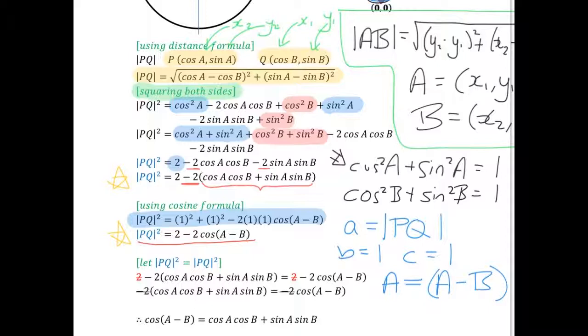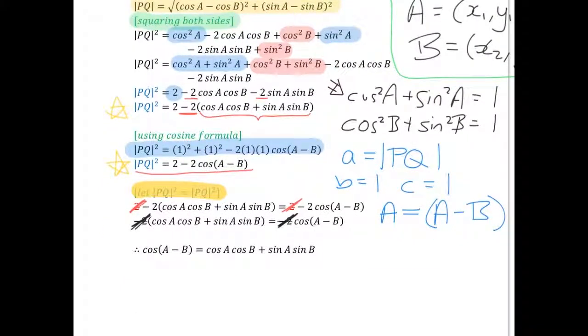PQ squared equals PQ squared, which means we're going to have 2 minus 2 times cos A cos B plus sine A sine B, equal to 2 minus 2 cos A minus B. The 2's out in front just cancel, and then we can divide both sides by minus 2, and that leaves us finally with cos A minus B equals cos A cos B plus sine A sine B. QED.